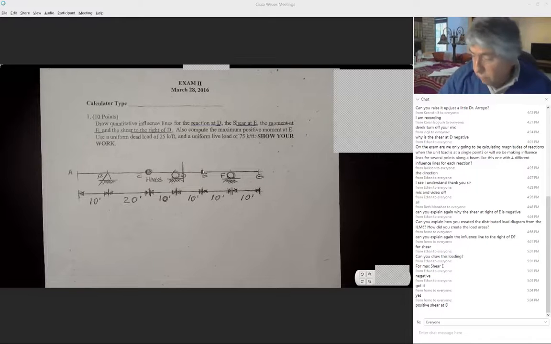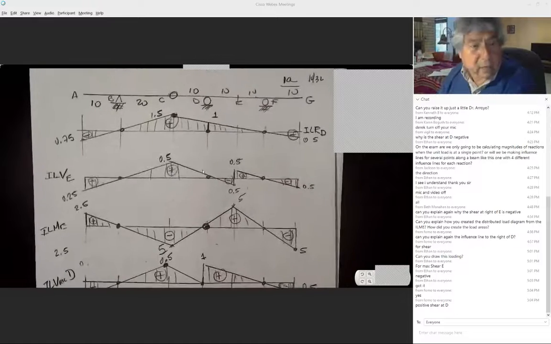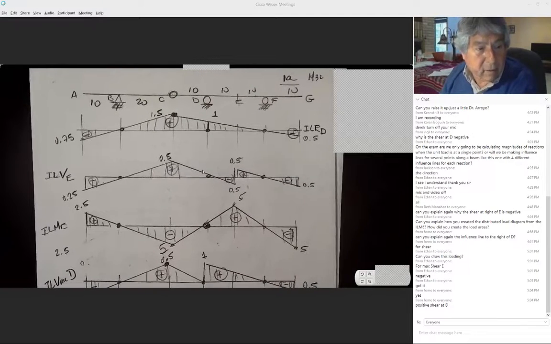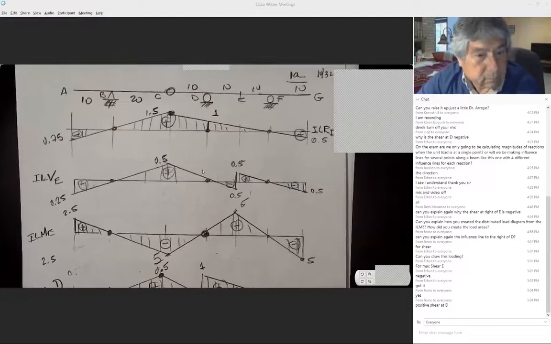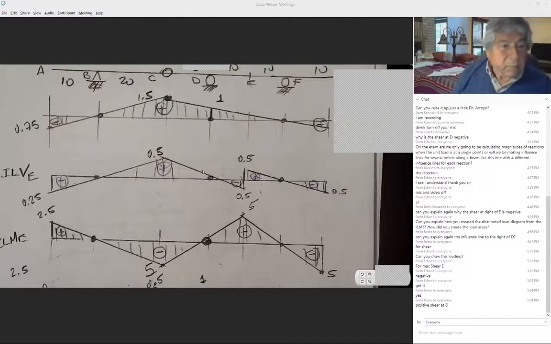So I'm going to look at the influence line for E. And this is my influence line for E. All of this is going to have dead load. Only between B and D, live load, and between E and F, live load.